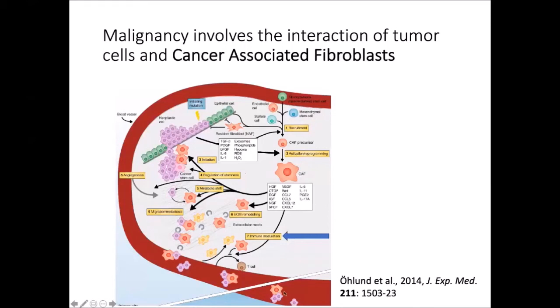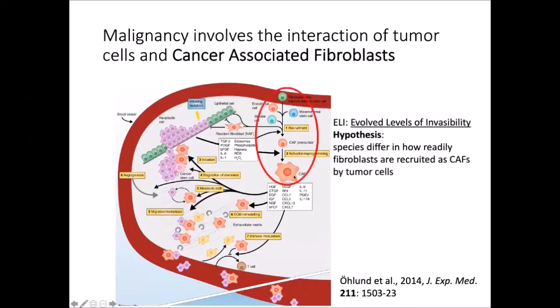metastasis, so the spreading of tumors to other parts of the body, is usually not by single tumor cells, but actually clusters of tumor cells with cancer-associated fibroblasts. So malignancy as a process is an interaction between the connective tissue surrounding the tumor and the tumor cells themselves.